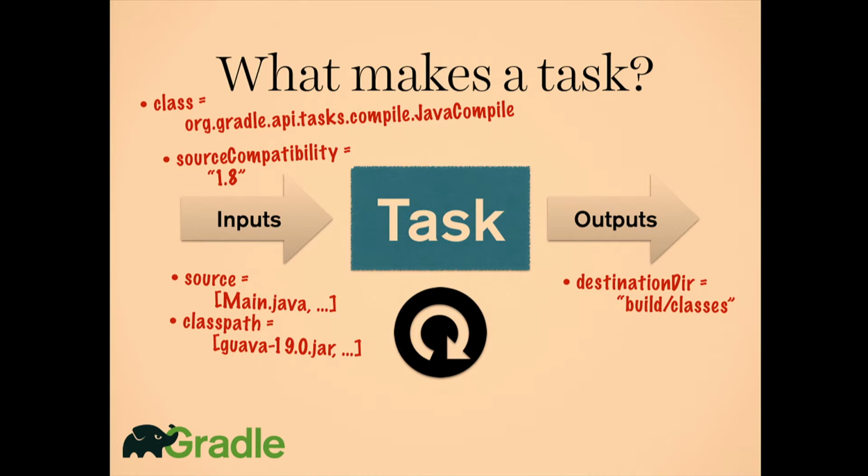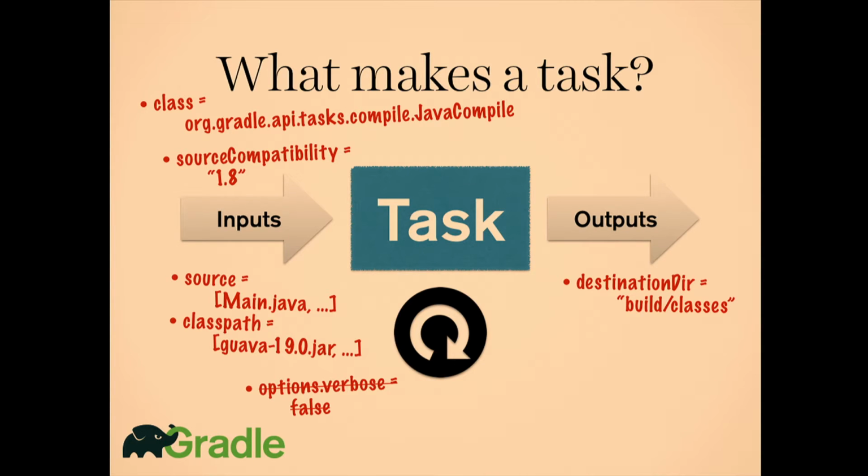If I change it from one to the other, that can influence the output, and in general, we call the inputs to a task the things that can potentially influence its outputs. If it's something that does not influence the outputs, it's not an input. For example, the verbose option to Java compile is not an input in this sense because it will not influence the file output of the task. It influences only the console output.